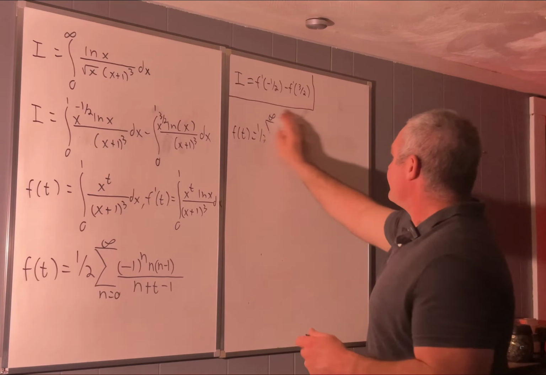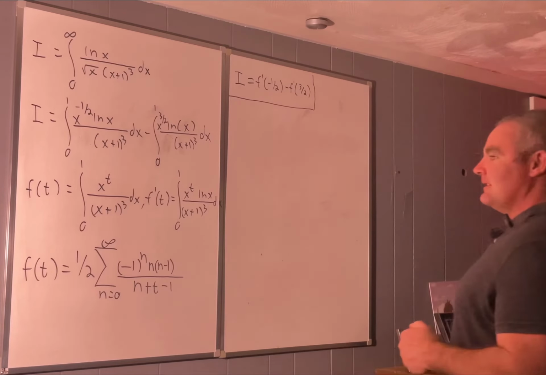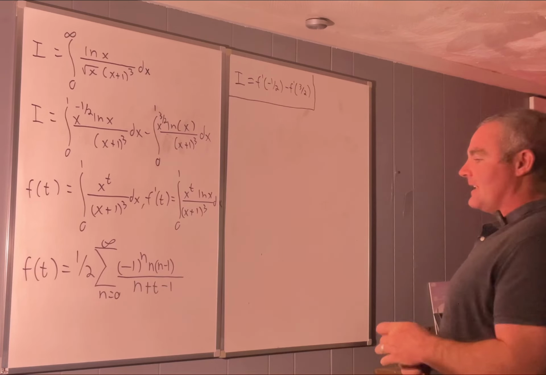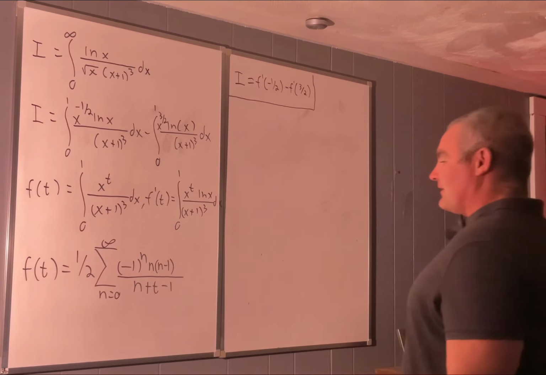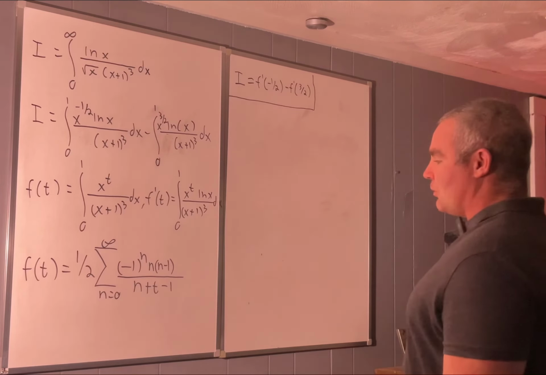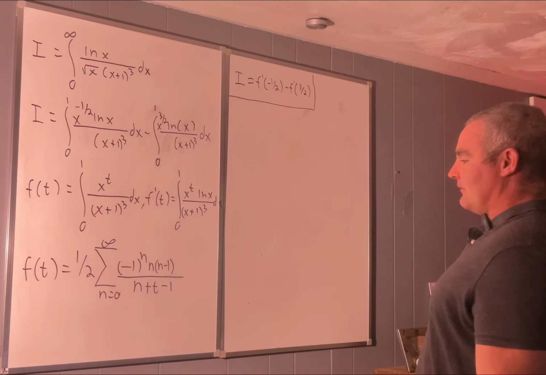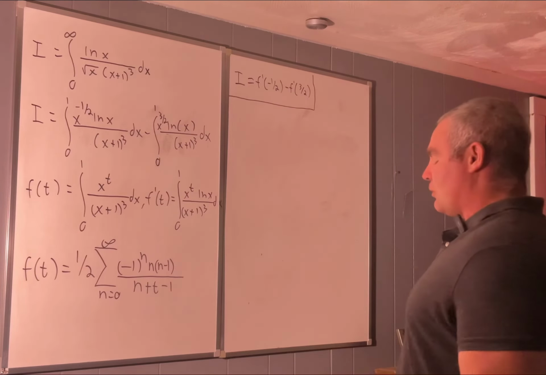All right. Well, now it's pretty easy to get our f prime of t, since the only thing in this sum that depends on t is the 1 over n plus t minus 1, which is just n plus t minus 1 to the negative 1. So that would just give us the negative of it squared.